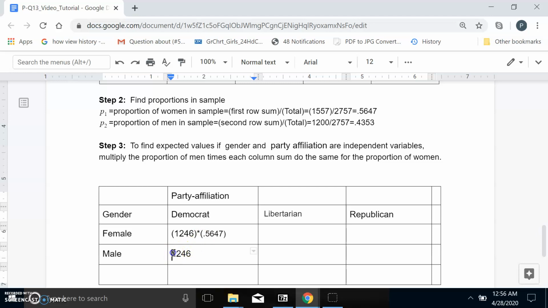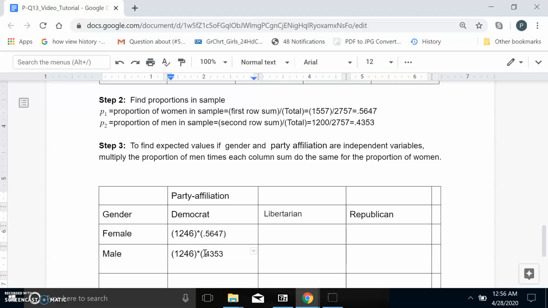And the men, we multiply by the proportion of men, so it's 0.4357. So doing these calculations in your calculator, the first one you get 703.6162, and I'm going to round it to 2 decimal places, so it'll be 703.62.